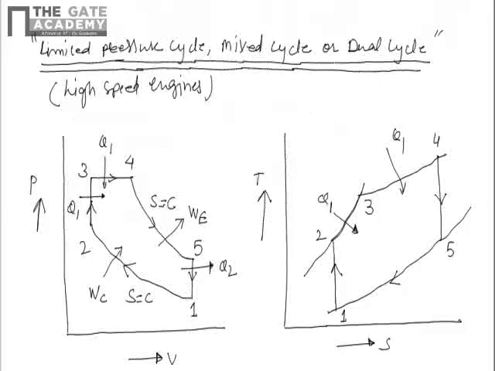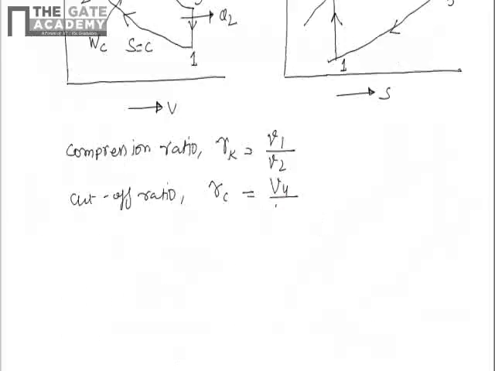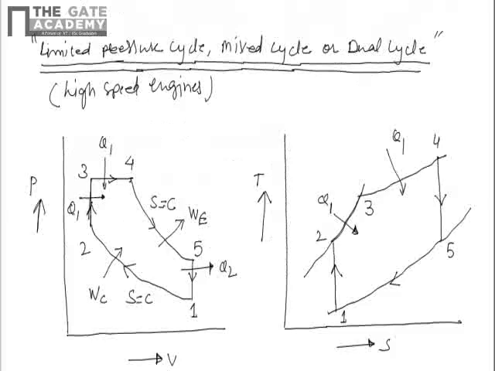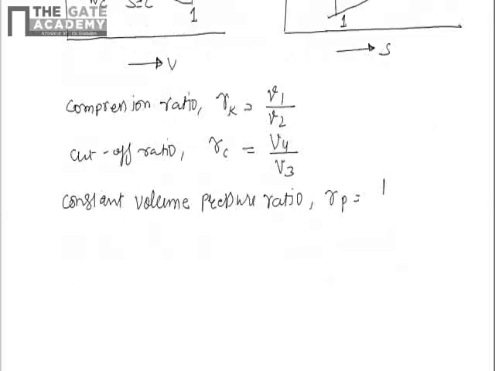Here it will be V4 by V3 according to the diagram. And now we have the constant volume pressure ratio, that is Rp. For this process we have P3 by P2. These are the terms related to the dual cycle, and now we can easily find out the efficiency of the dual cycle.